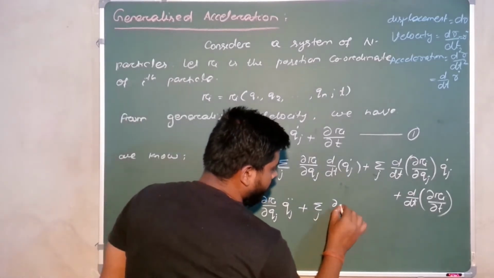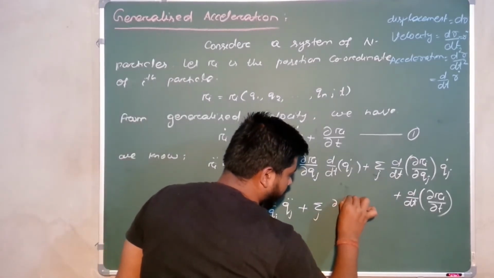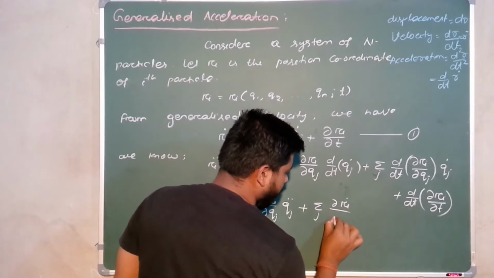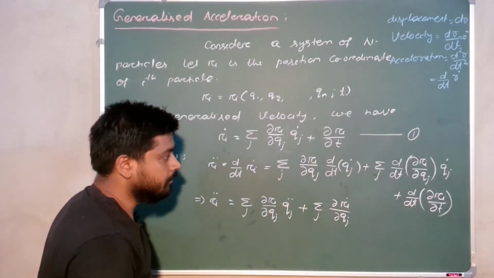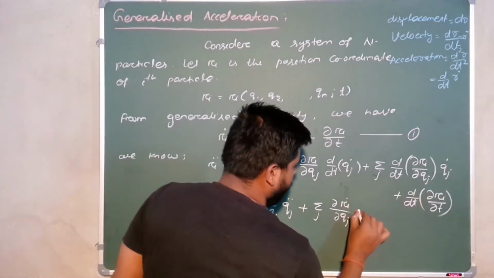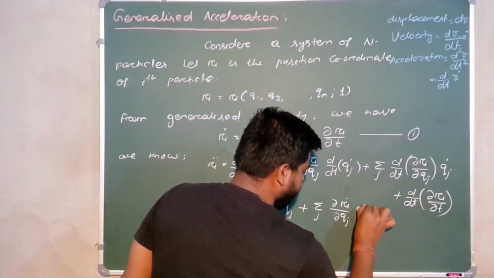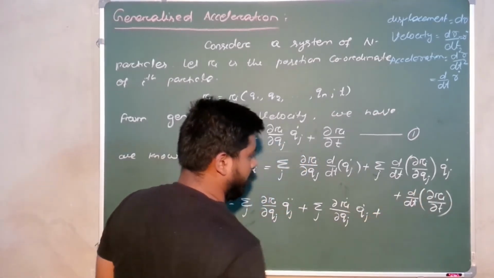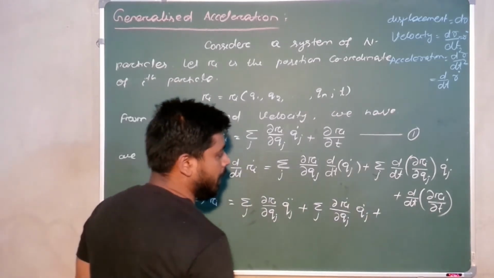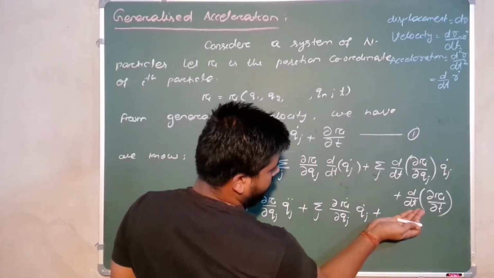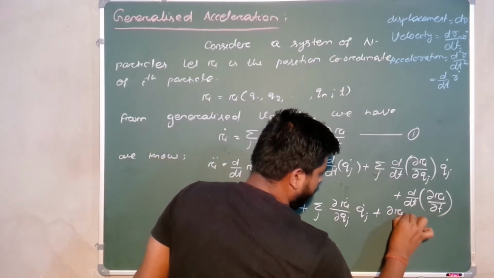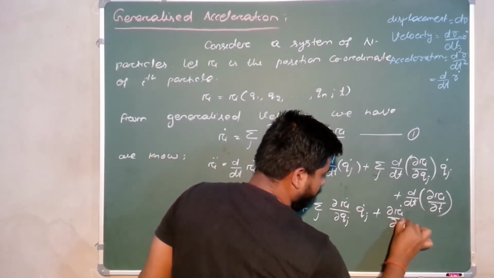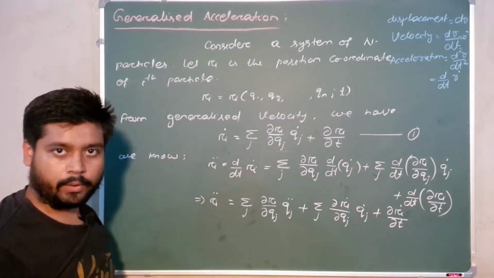Here you can write ∂ri dot by ∂qj, then as it is qj dot, plus the third term. The third one is d by dt. In a similar manner, take d by dt inside and ∂ by ∂t outside. What do you get here? ∂ri dot by ∂t.